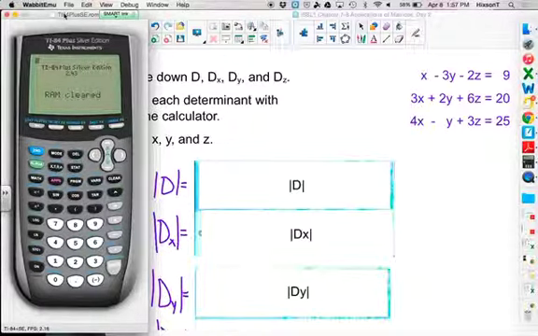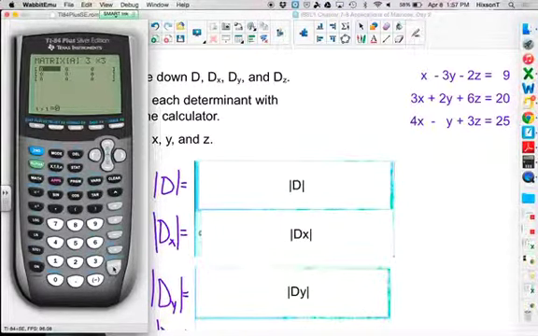I'm going to assume you guys know how to enter a matrix at this point. So we hit second matrix, we go over here to edit. We need to enter a 3 by 3 for our coefficient matrix first.